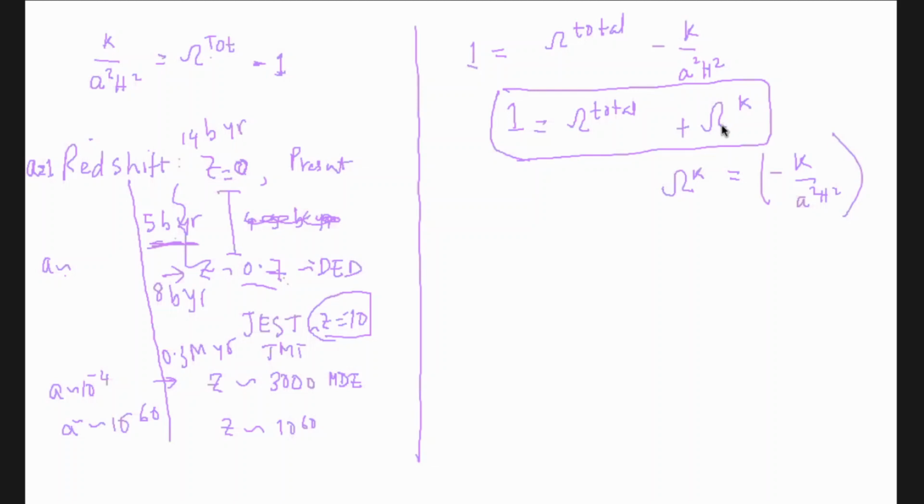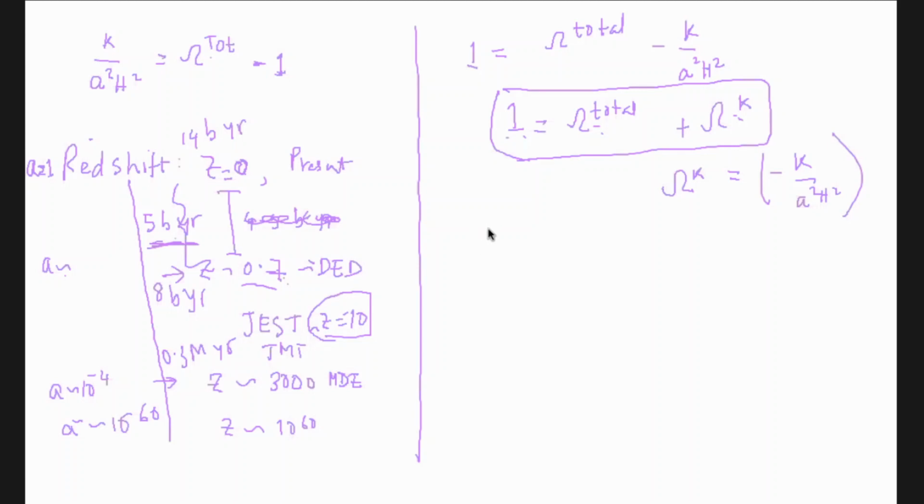We know today that it has to be less than 10 to the power minus 4, so omega total is almost 1. But anyway, let's keep this term. So if the universe is flat, omega k is absolutely 0. If the universe is not flat, then this plus this is 1. If the universe is flat, omega total is 1, that means this k term is absolutely 0.